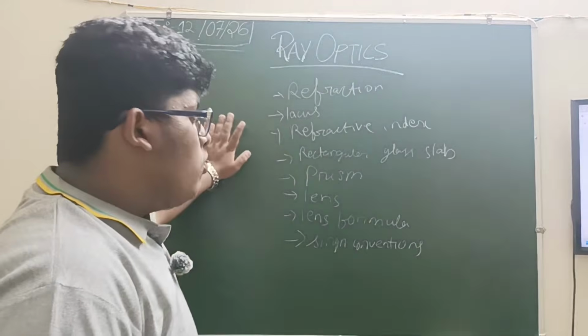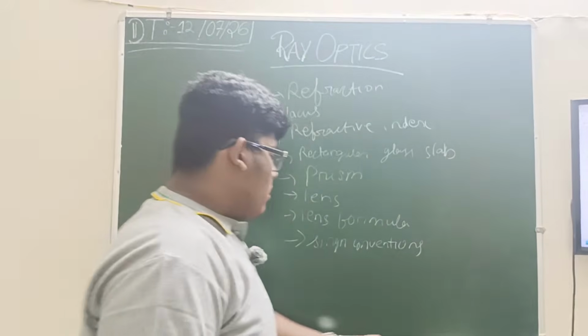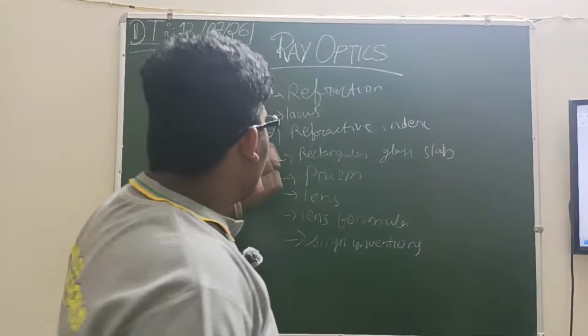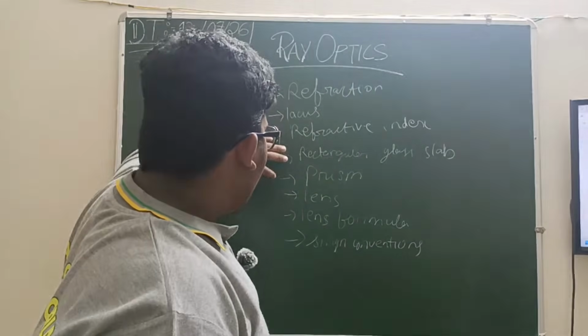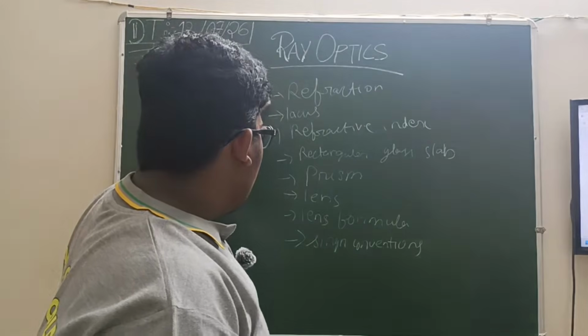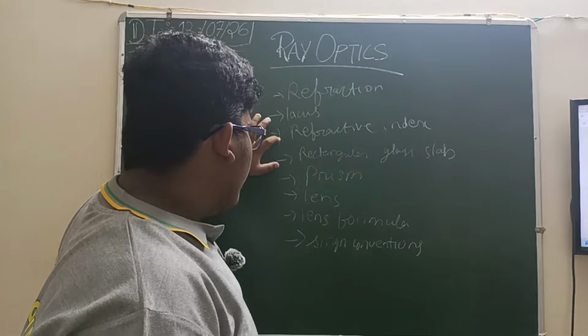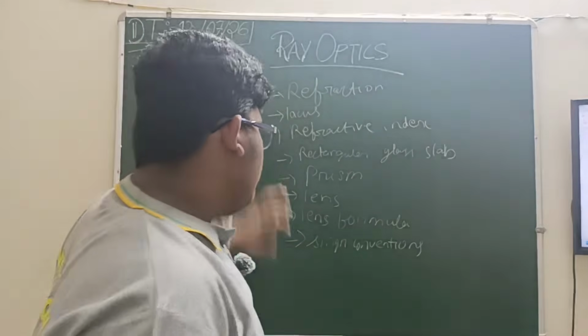These are the topics we will cover in this class. Mainly we will focus on these 5 topics. First is refraction, laws, refractive index, rectangular glass slab, and prism.